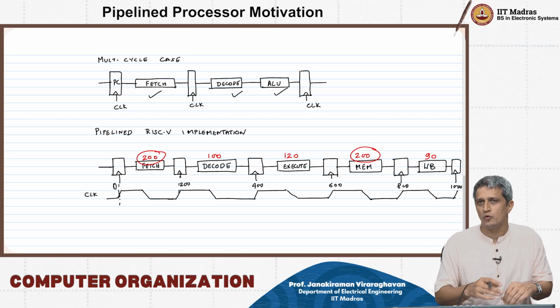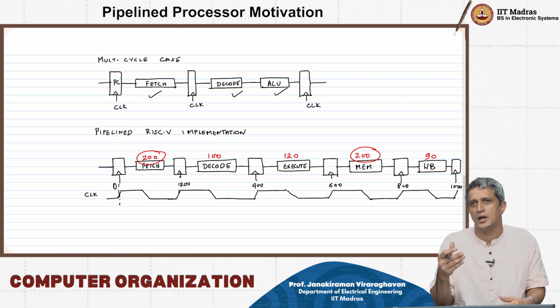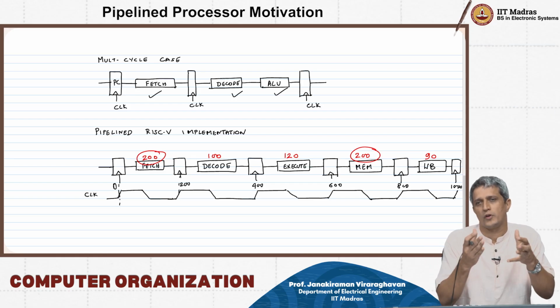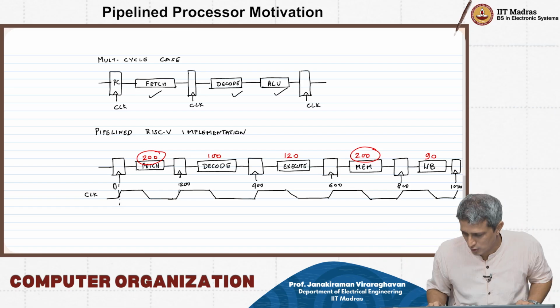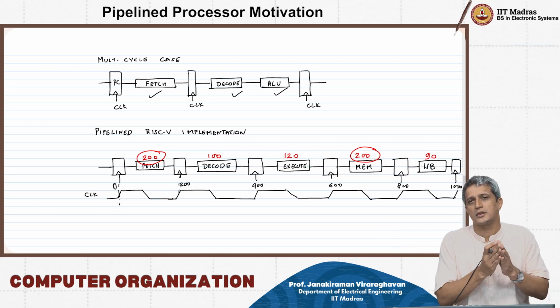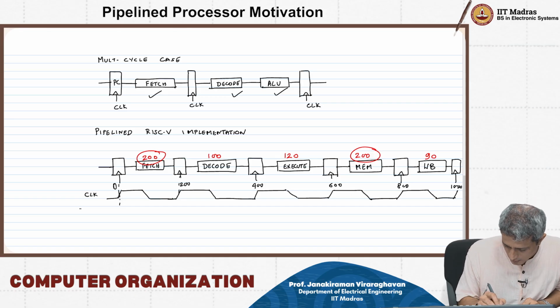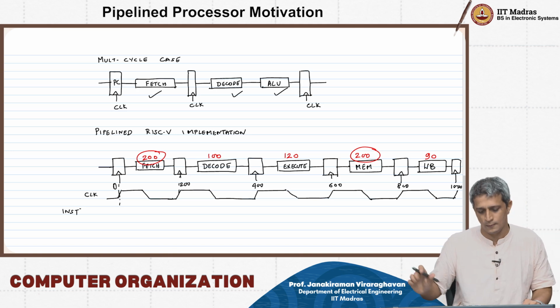So you will not try to push this pipelining idea beyond this and try to make it work at a much smaller frequency, because the execution time ultimately is what matters. Therefore it will take 1000 picoseconds for the first instruction. Instruction 1 is going to take 1000 picoseconds to go through this whole process.